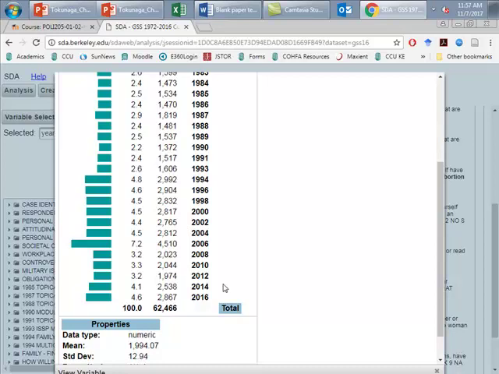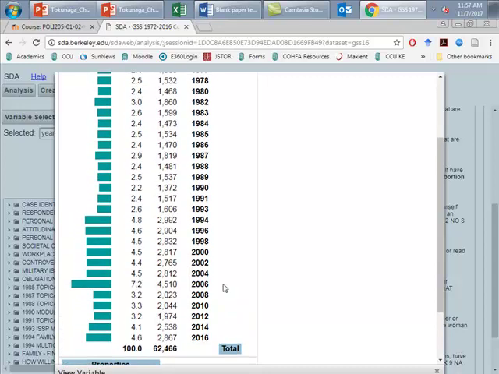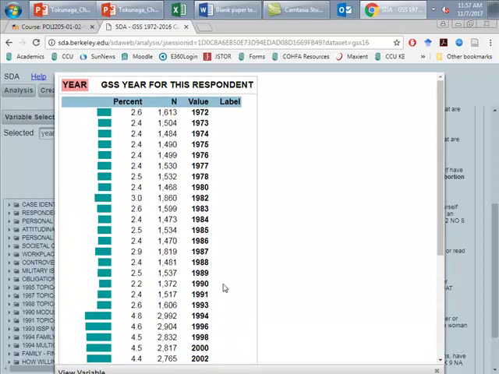Include that as well. Go ahead and see. Maybe there's no gender difference today, but maybe there was a huge gender difference in the 1970s. Let's see if this difference changes over time.